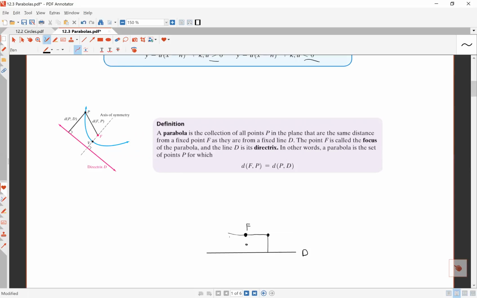We have the same one on the other side. Or we go out here at that same distance, and we start forming these points, and we get all the points on the parabola. Every point on this parabola is going to have the same distance to F as it does to D.